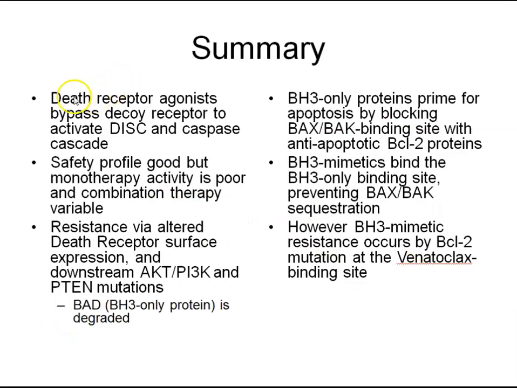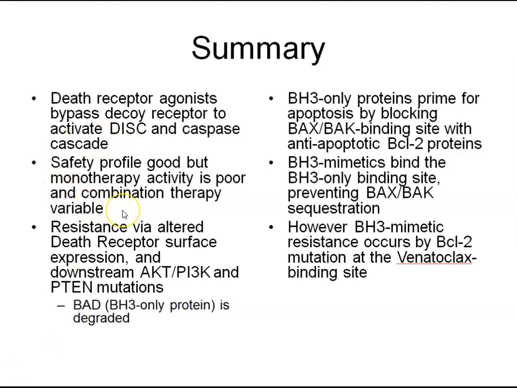So in summary, death receptor agonists induce apoptosis by activating the death receptor. This creates a death-inducing signaling complex and results in initially caspase 8 activation. Typically caspase 8 will either activate caspase 3 directly in type 1 cells, or in type 2 cells cleave BID to tBID. tBID will act as one of these BH3 only proteins and prime the mitochondrion for BAX induction of apoptosis.